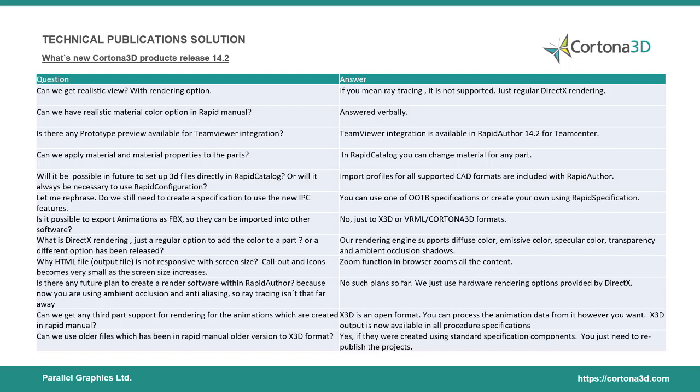Let me rephrase that, relating to the previous question: do we need to create a new specification to use new IPC features? No, that's not required. We have two enhancements relating to IPC pages in this release. First, relating to the generation of IPC pages based on product structure, for that you don't need a new specification.